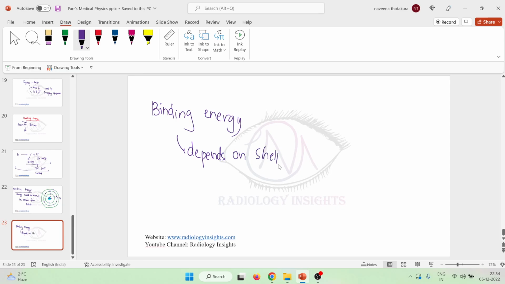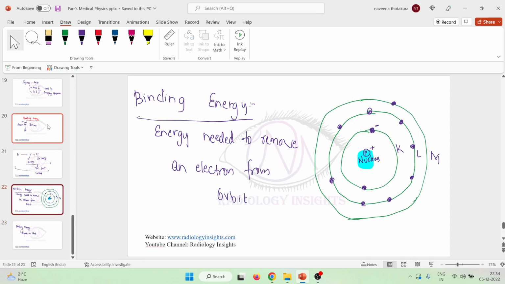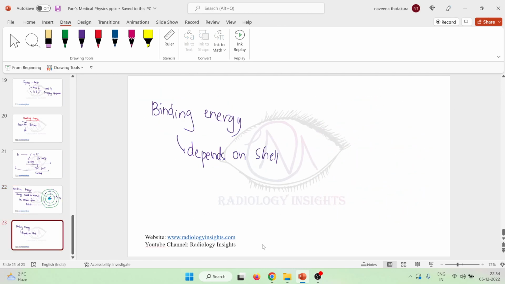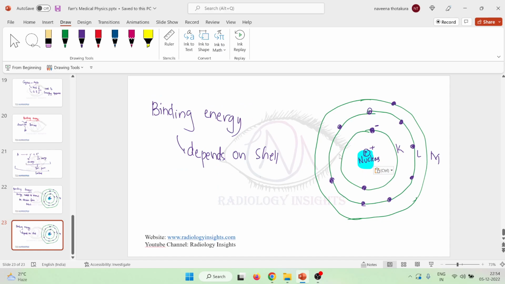See, in the atom, we have some orbits which are nearer to the nucleus. Similarly, we have some orbits which are away from the nucleus. K is nearer to the nucleus, so obviously it has more force of attraction from the nucleus when compared to L and M. So the binding energy, or energy required for the removal of an electron, is more in the K shell than the L shell than the M shell.